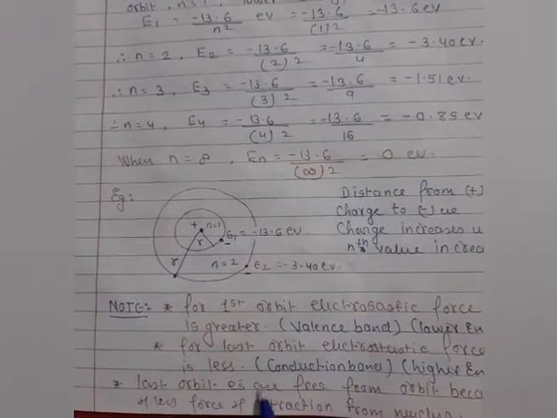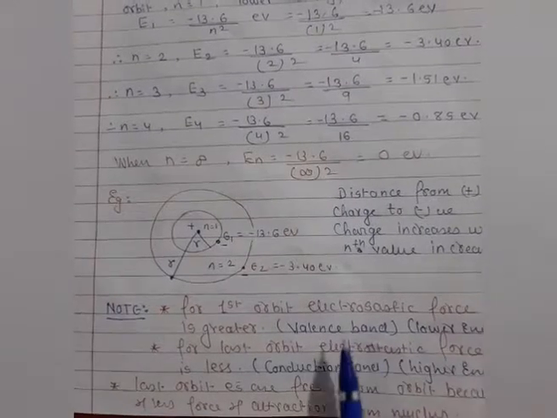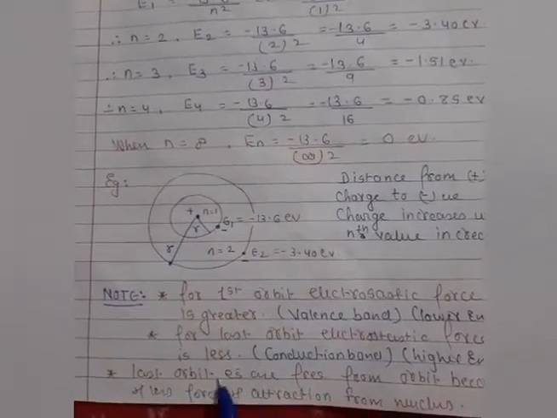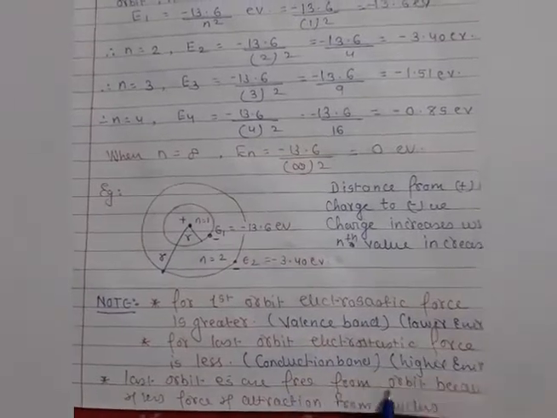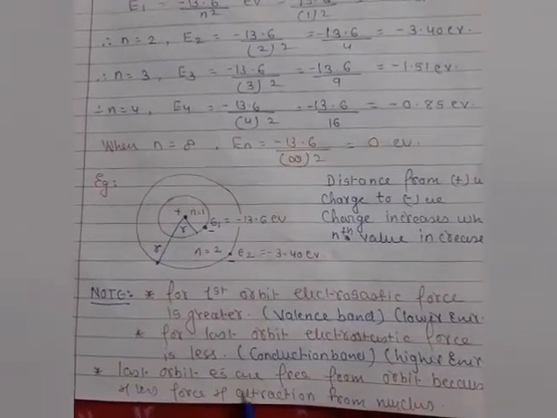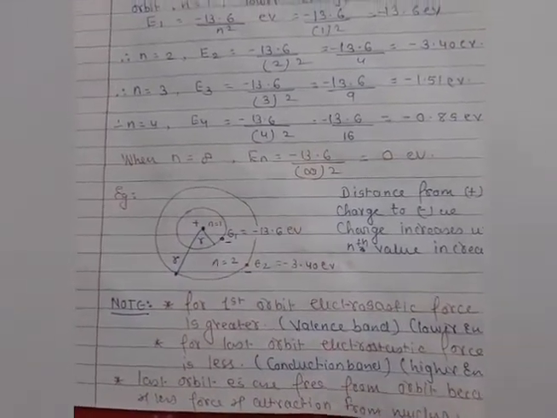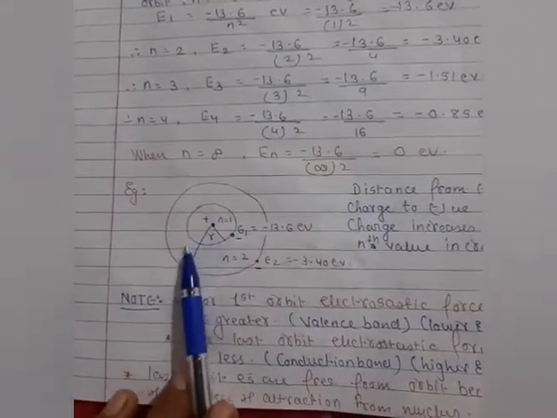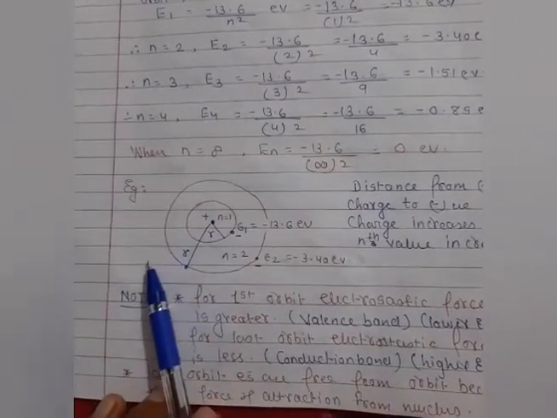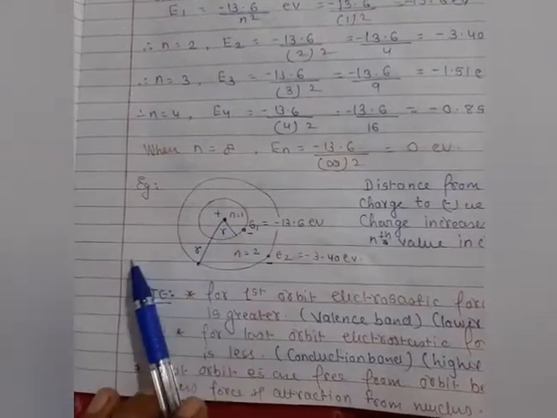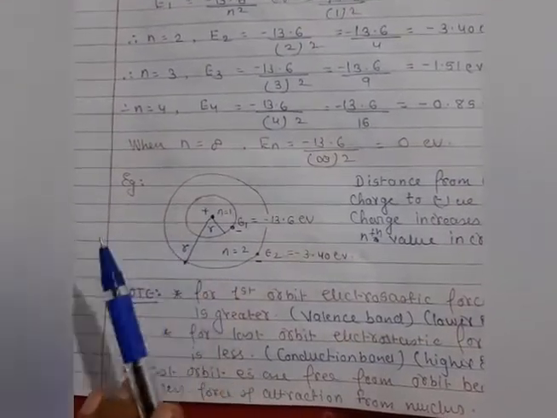Now let me explain this condition. The electrons of the last orbit are free from the orbit because of the less force of attraction from the nucleus. Yes, students, because as the orbit gradually increases, the force of attraction decreases, and the energy between the nucleus and that electron is very less.